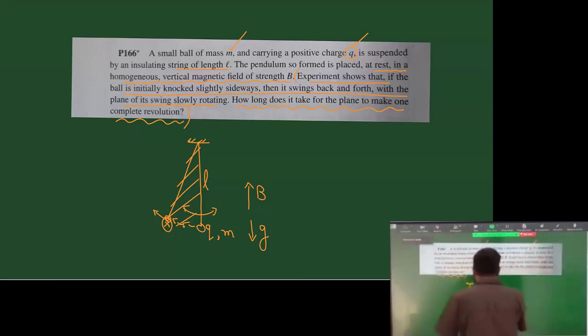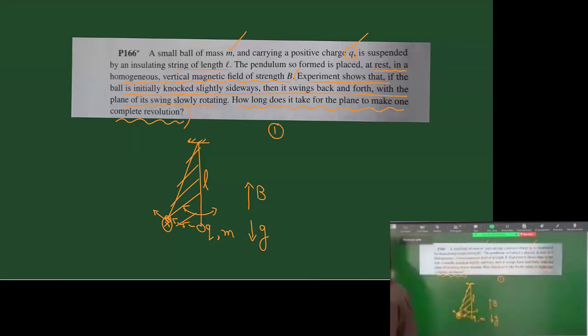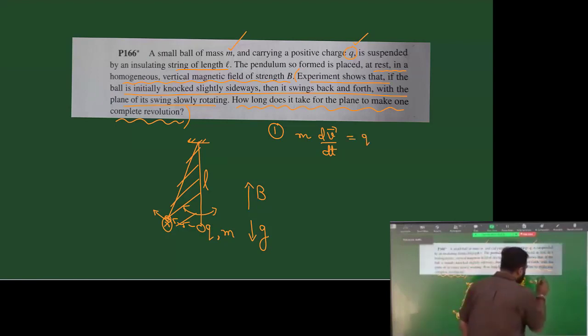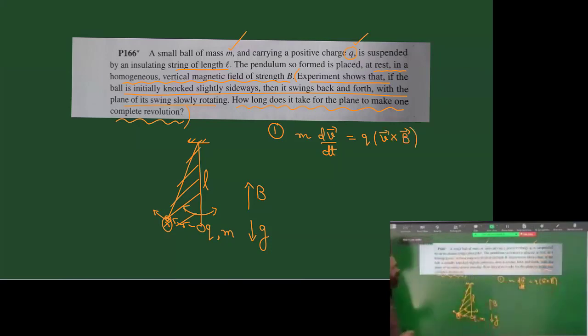Somebody said, sir, what is the fundamental equation which is governing the motion of this particle? So if I look into that fundamental equation, what are the terms I am having? I think mass of the particle is m, acceleration is, let's say, dv by dt. So I'm observing this motion. That should be equal to q v cross B. This force will act, q v cross B, always.